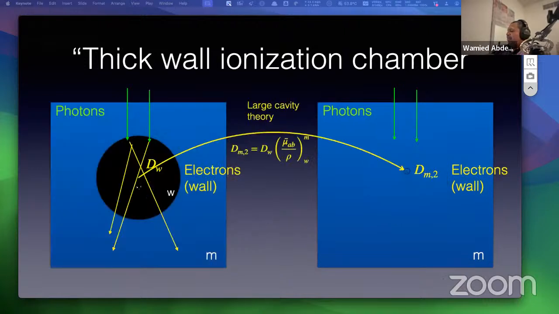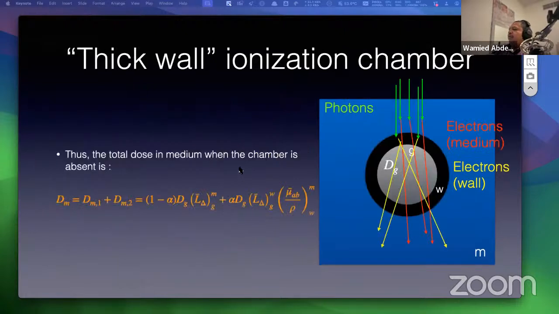So this is what we're having. We have electrons produced in the wall, giving us the dose in the wall and the dose in the medium. When we remove the wall, it's given by the ratio of the mass energy absorption coefficients of medium to wall. Now we want to combine the dose from both sources of electrons.